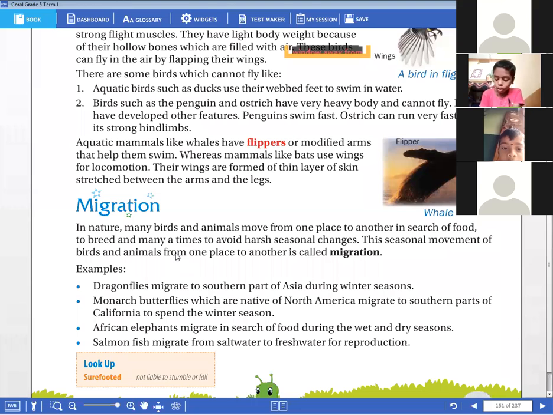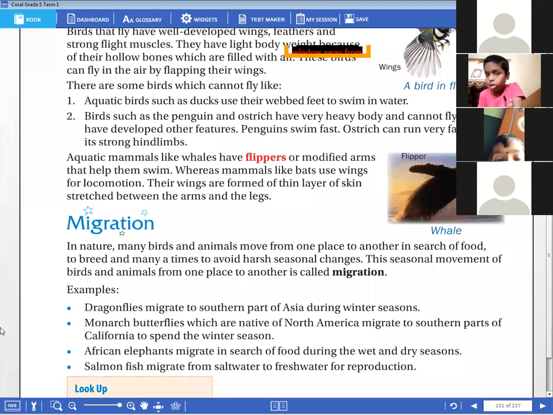Oh, Shravani just posted a question, children. Let me clarify that. What is the meaning of flippers, madam? See, Shravani, if you observe the picture here in the textbook, for a fish there will be fins, right? Tail and fins help in the movement.